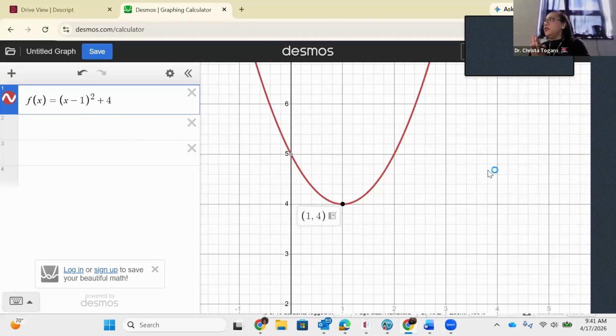It's hard to do using the vertex if you don't know the vertex form, because we were doing the standard form. Remember I told you there's 3 forms? So this is the vertex form, and I can plug the vertex right into this vertex form, and there's my vertex, right? I cannot do it from the computer here, so I'm going to show you how to get the standard form from that equation, okay?